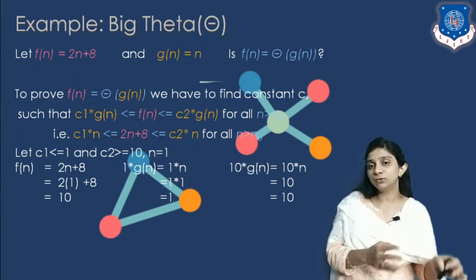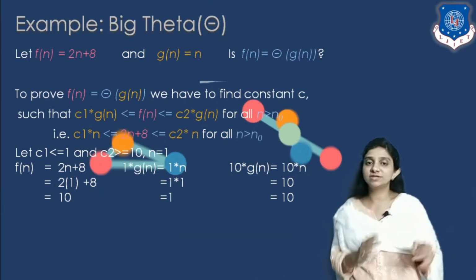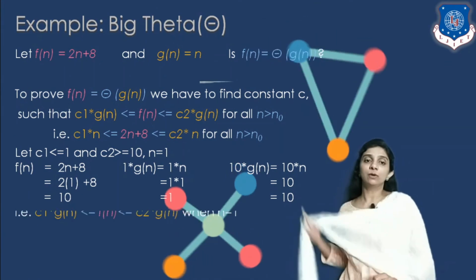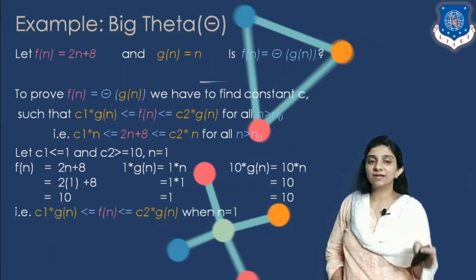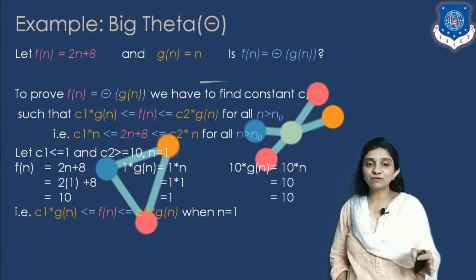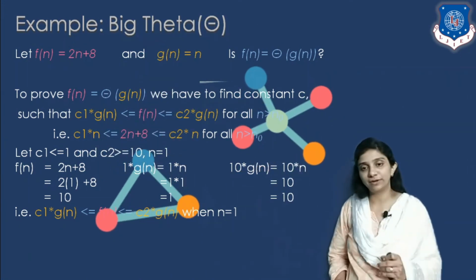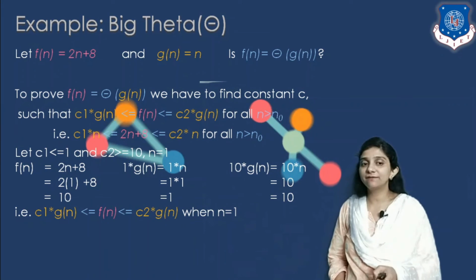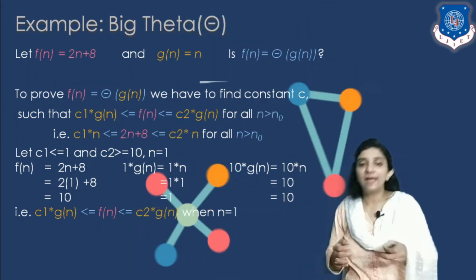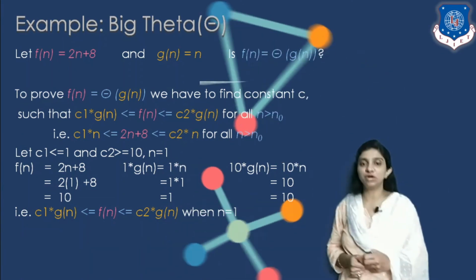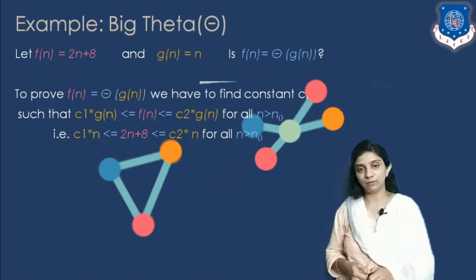So 10 into n is 10 into 1, which equals 10. Now 1 is less than or equal to 10, and 10 is also less than or equal to 10. So c1 g of n is less than or equal to f of n, which is less than or equal to c2 g of n, for n equals 1.